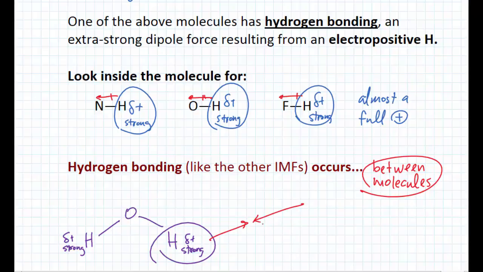It's going to be a real strong attraction between this H and what over here? The H? The H on the other molecule will be plus as well. So what's it going to be? There we go. So draw another water molecule here. Okay. Remember, these O's are partial negative. Okay. Here is hydrogen bonding.